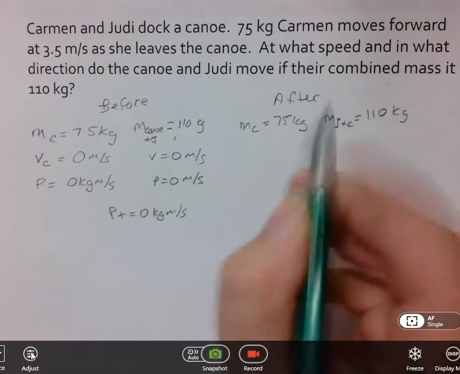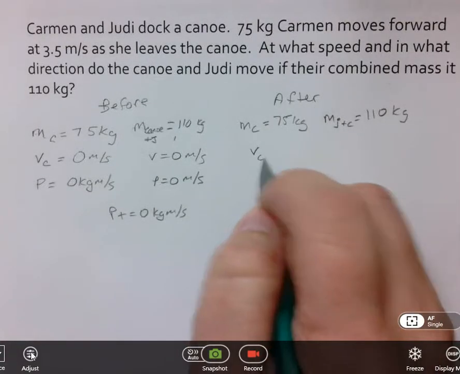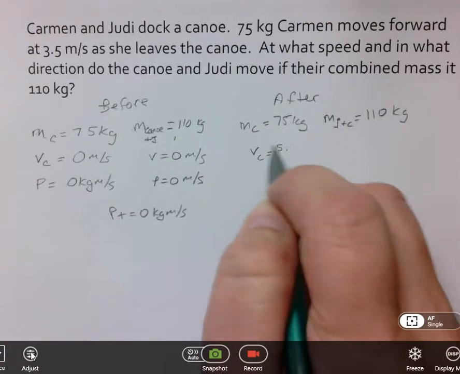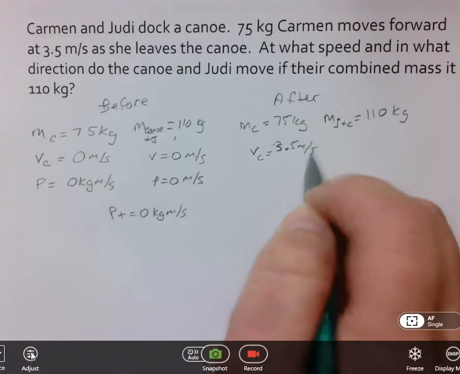Kilograms. Our velocity of Carmen is positive because it says forward, 3.5 meters per second.